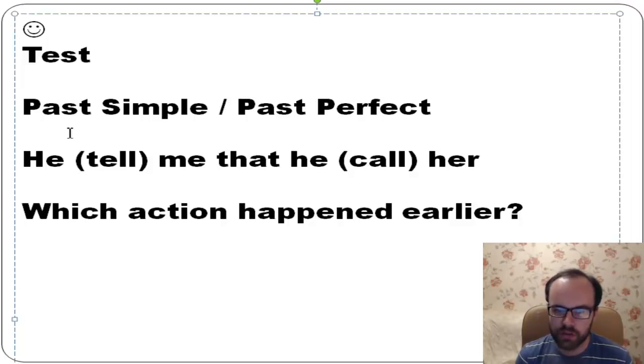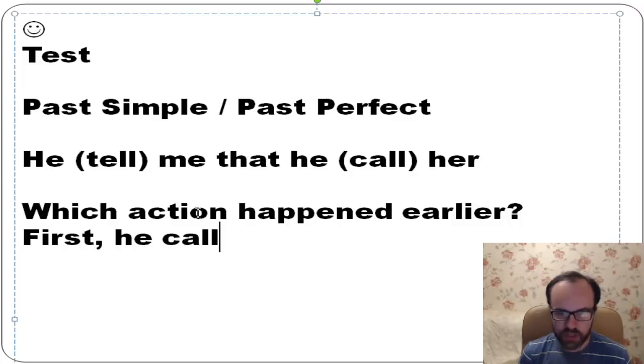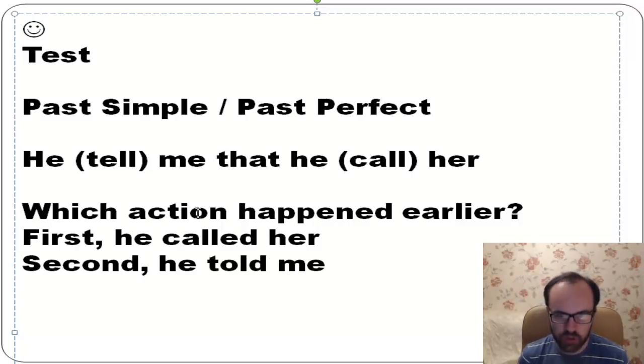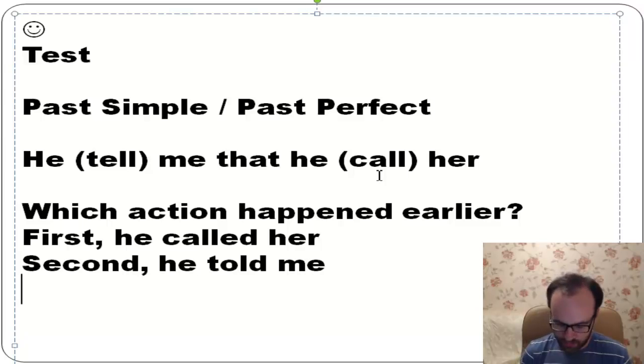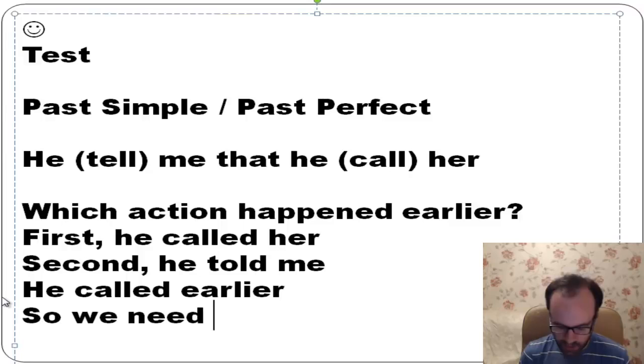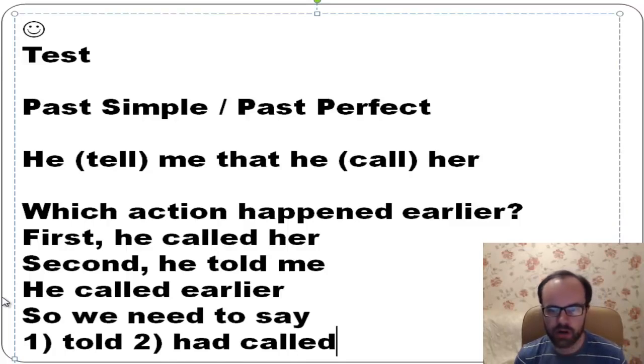So first he called and then he told me. First he called her. Second he told me. So he called earlier. So we need to say, he told me that he had called her.